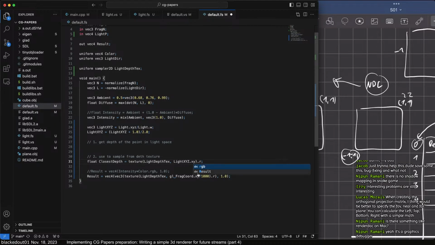And of course, we just want the first value because there's only one value stored. So this is the closest depth we have stored in the texture. And the depth of the point itself, we can use exactly like this too.